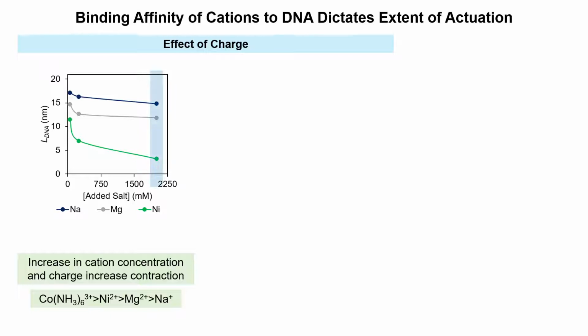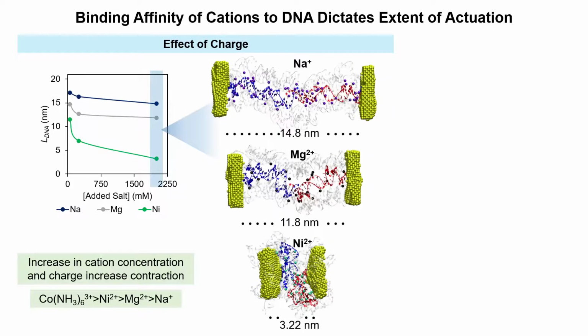And these images correspond to the molecular dynamics simulation generated structure of DNA at the experimental interparticle distances when 2-molar salt is used. So what we observe here is that when a high concentration of nickel is used, the DNA adopts a very, very twisted and bent structure.